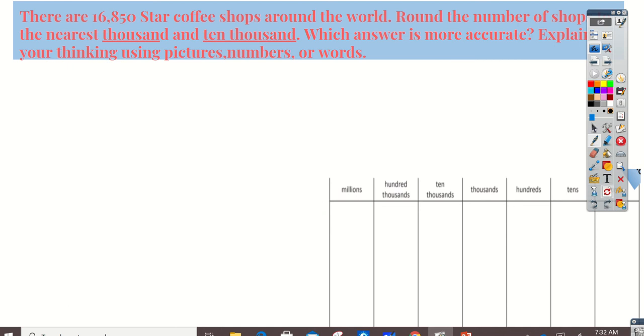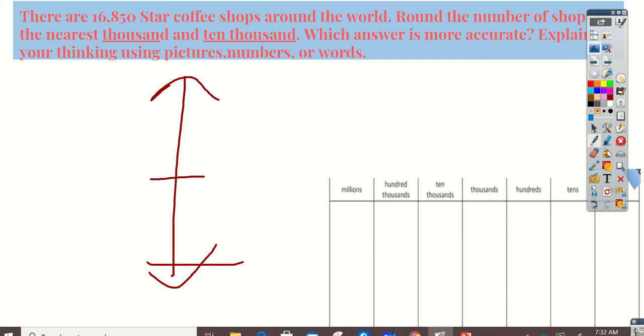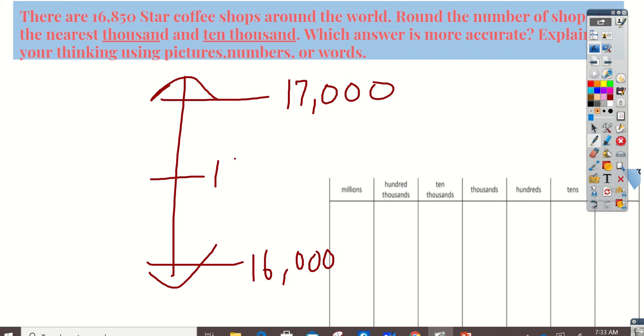We could also remember our number line. We had a high point and a low point. So we see our high point here would be 17,000, and our low point would just be 16,000. The number in between would be 16,500.